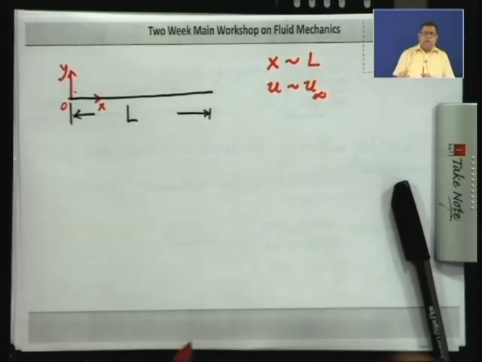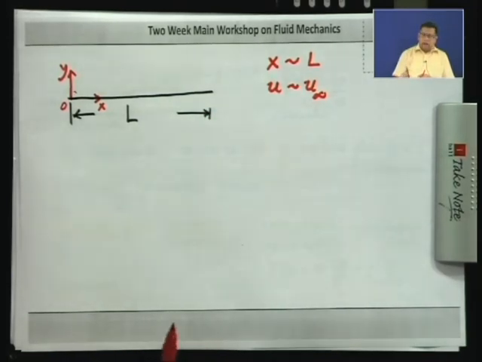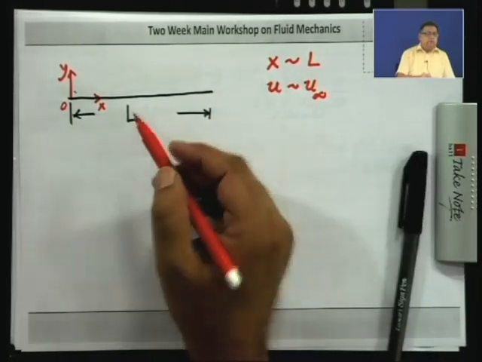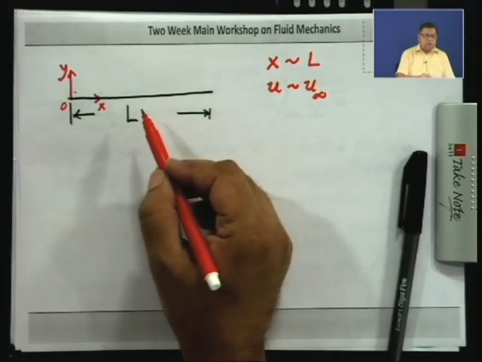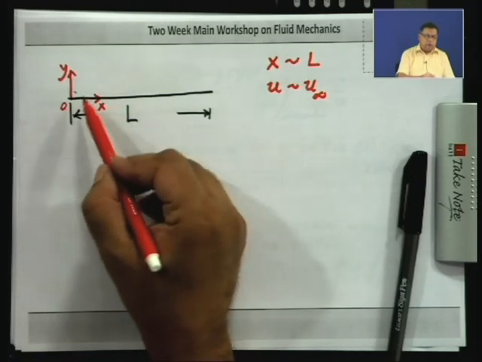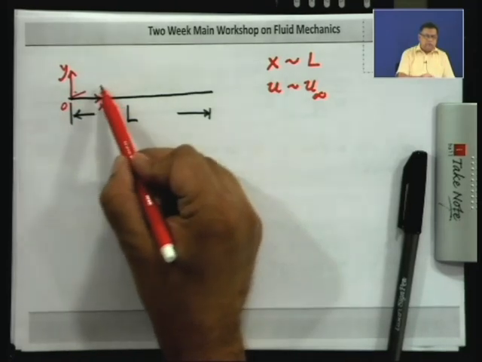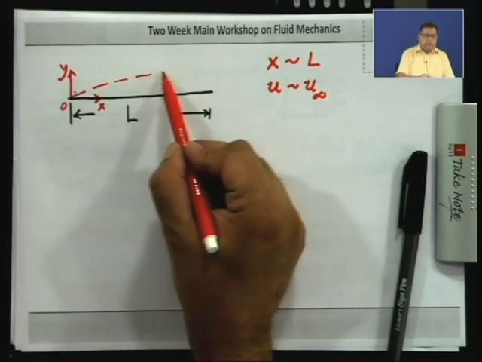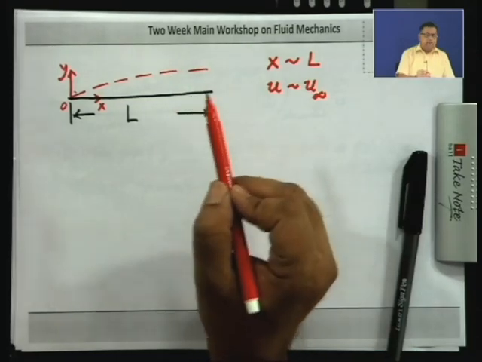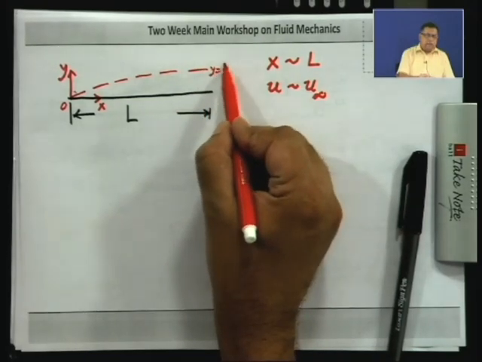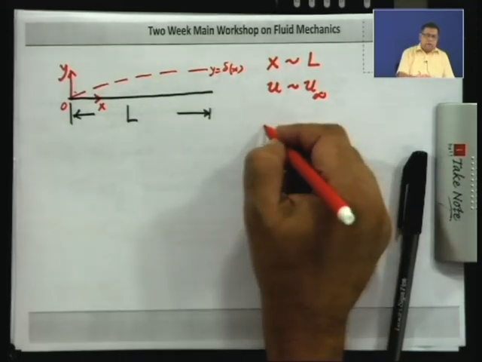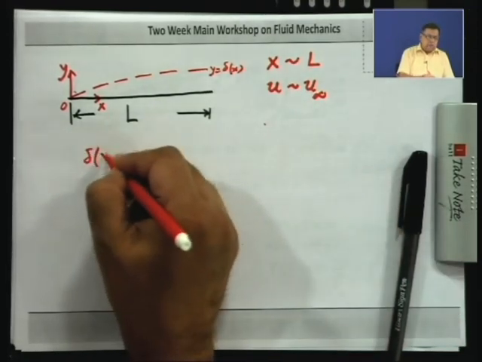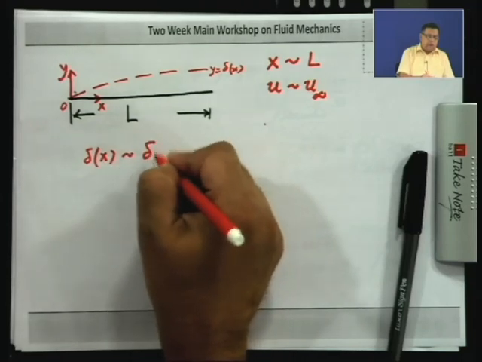Now, we are anticipating that for high speed flows the viscous effects are confined to a thin layer close to the wall, which we call the boundary layer, and we have seen the boundary layer thickness might vary with x. So, if this is y equal to delta x, we will say that delta x is order of some delta naught.